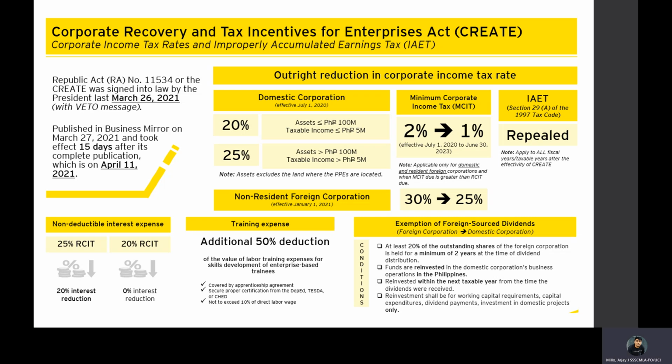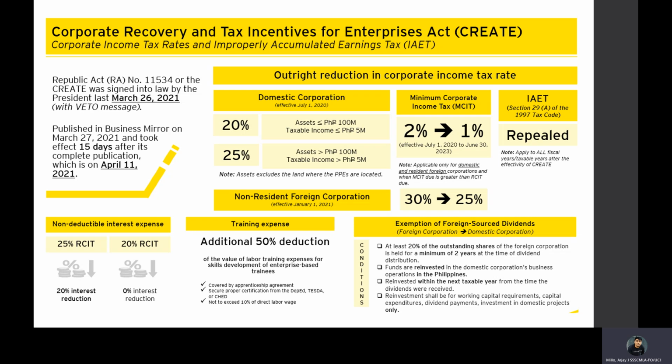So ito yung mga major changes. For domestic corporation, ang rate is pwedeng 20% or 25% depending on the threshold na papasukan mo. So ano mga need nating consider dun sa threshold? Yung amount of asset and amount of taxable income. If you have asset more than 100 million and if you have taxable income more than 5 million, you'll be taxed at 25%.